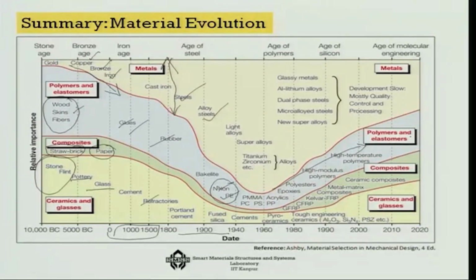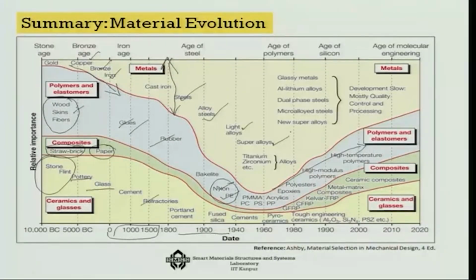What else are we getting in the metals? After the alloy steels, the light alloys came into the picture, particularly because of the development of the aircraft sector, and then of course the jet aircraft initiated the development of super alloys, which is a mixing of various types of metals like titanium, vanadium, chromium, etc. Something like 33 metals together develop a super alloy.